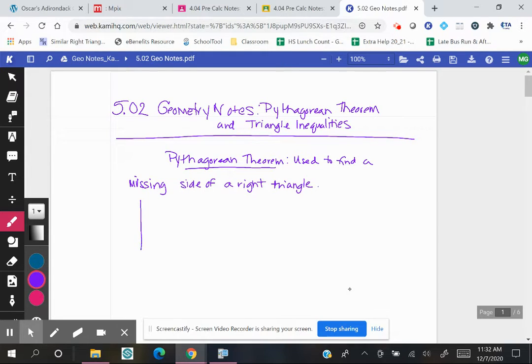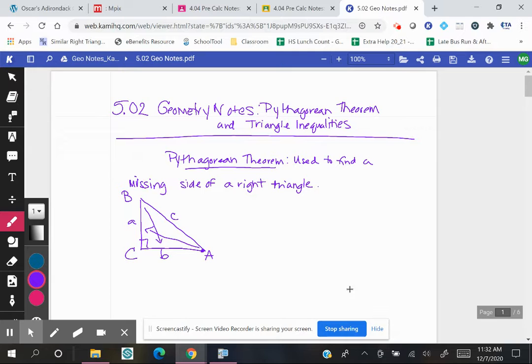So let's say our triangle looks something like this, with our right angle there. And so this would be uppercase A, angle A would be across from lowercase a. Lowercase b is across from angle B, and lowercase c is across from angle C. So in this case, angle C is your right angle.